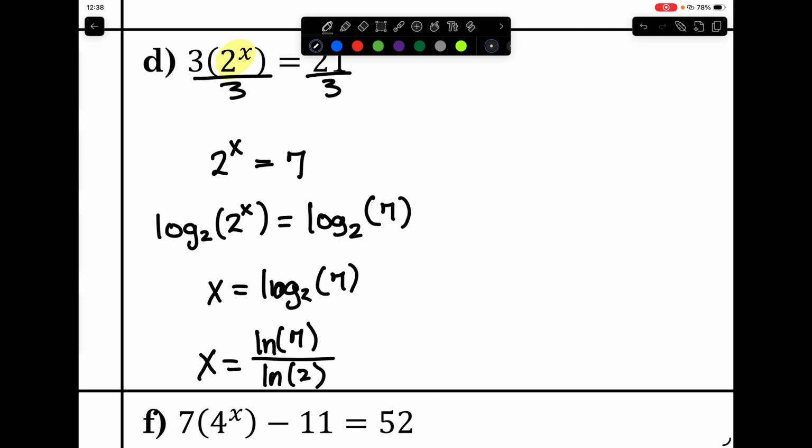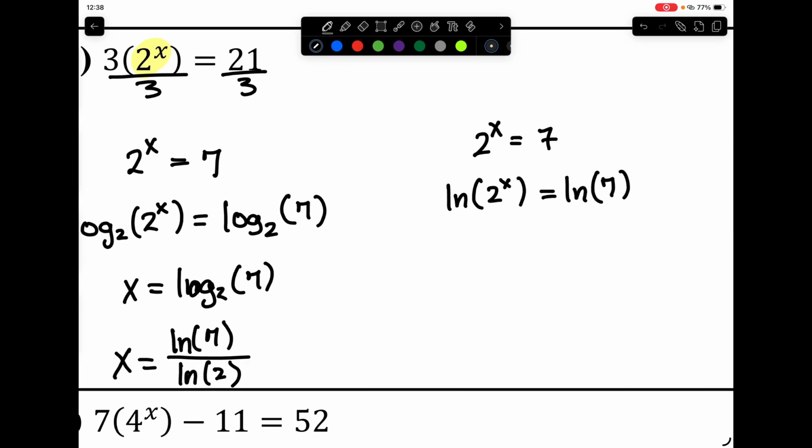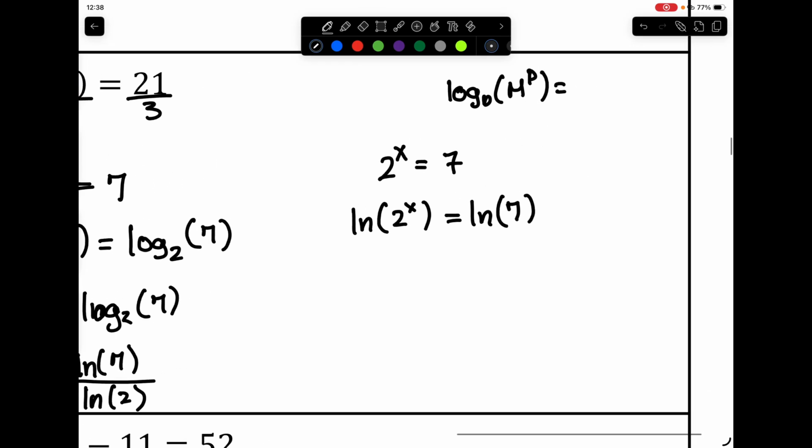Now you could use the natural log, so 2 to the x is equal to 7. I can take the natural log of 2 to the x power and do the same thing with 7. And using the power property, which remember is that if I have a log base b of some value m and it's raised to a power, I can pull that exponent and multiply the log with that exponent instead.